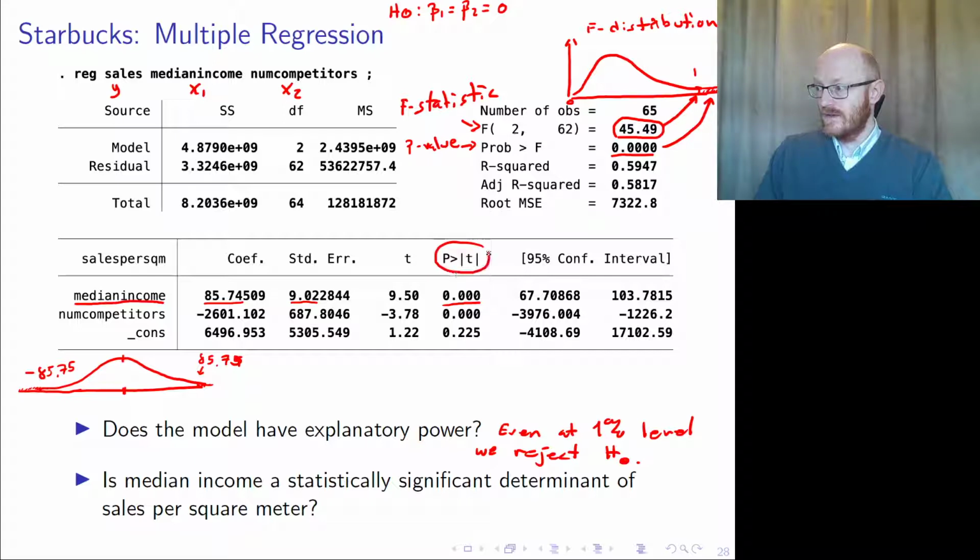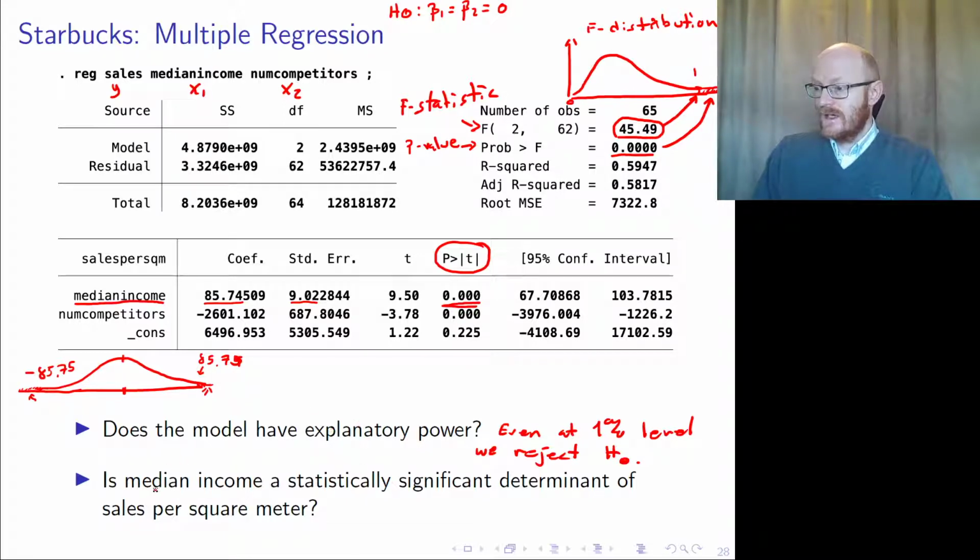If you look here, what is the probability of getting a t-value greater in absolute value from 0? The area or the probability in the tails is virtually 0, for any practical purposes.